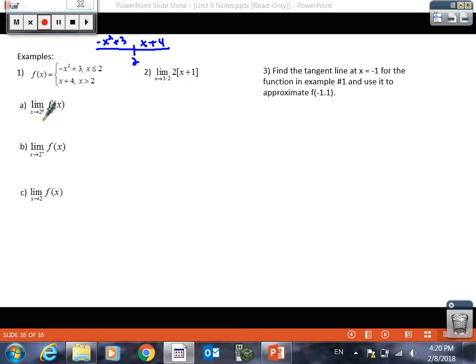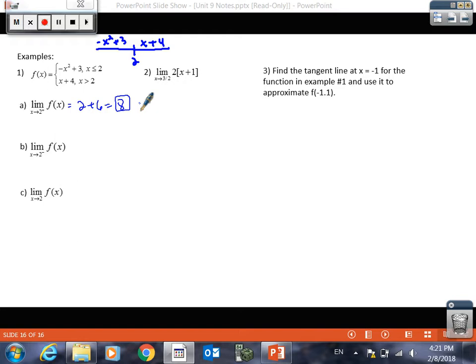So I'm going to take the 2, and just a reminder, the answer to a limit is the y value. It's the y value at the location that we're traveling, at our x value location. So I'm going to substitute 2 in, we're coming from the right side. So we would get 2 plus 6, or 8. So I get 8 for that limit.